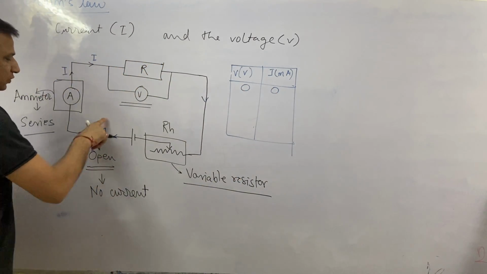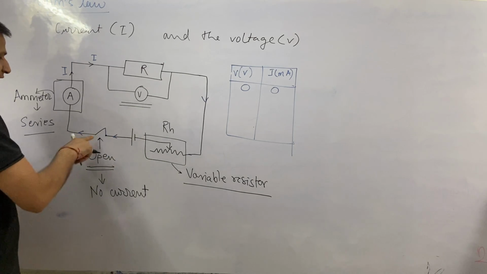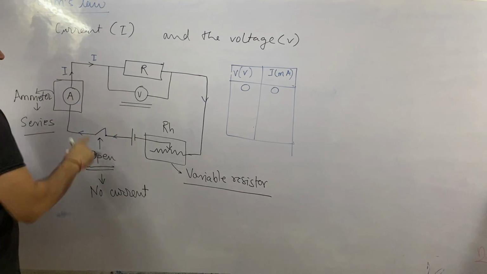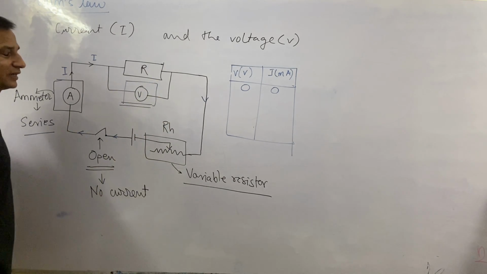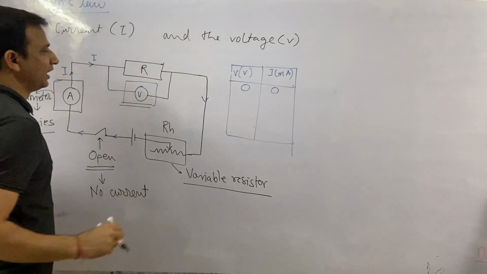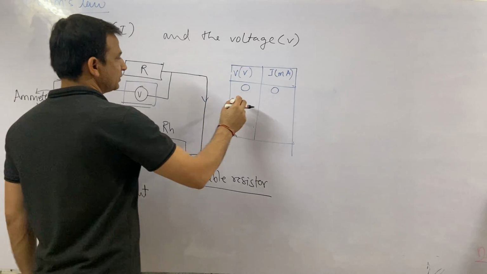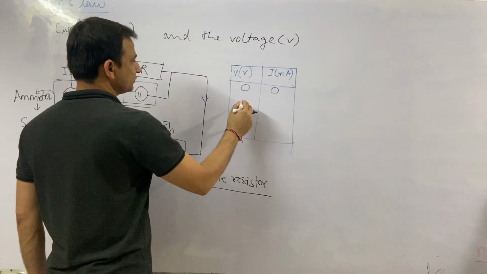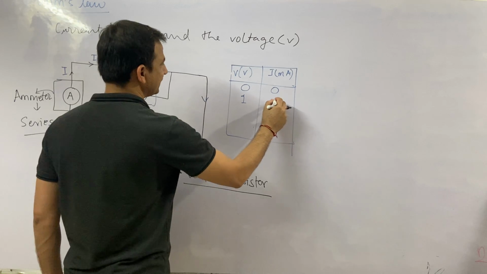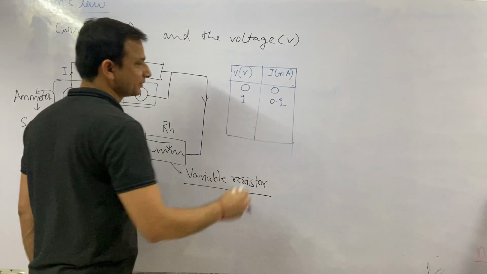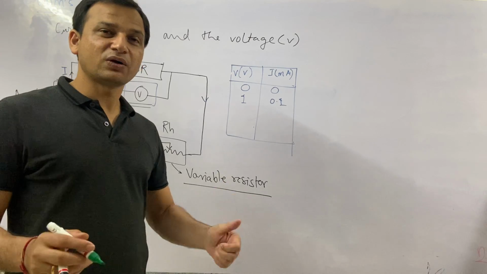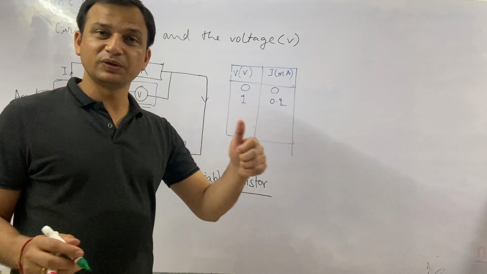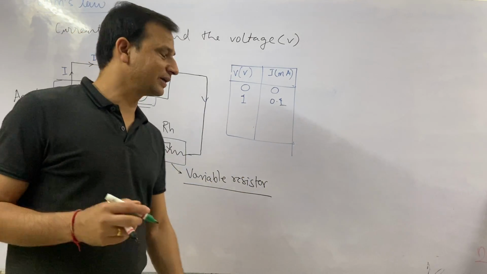Once you close the switch, current flows and some voltage appears across this resistor R. Let's say that voltage is 1 volt and current is 0.1 milliampere. I'm just taking these values randomly, and you can observe this practically in your physics lab.